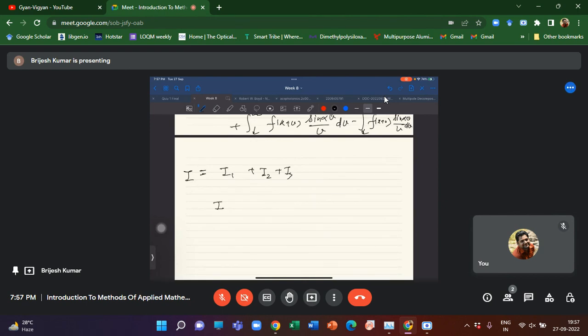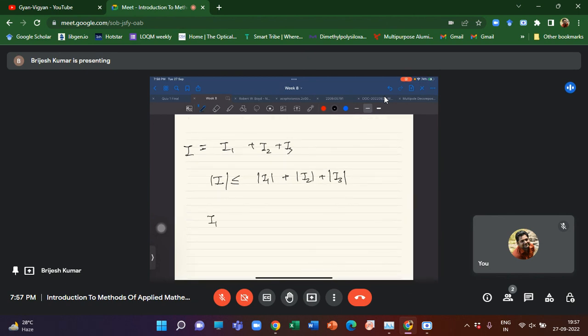Okay, so we have this I, which will be less than or equal to mod I1 plus mod I2 plus mod I3. Now mod I2 will be less than or equal to the integration from L to infinity of mod f(x plus v) sin alpha v over v dv.